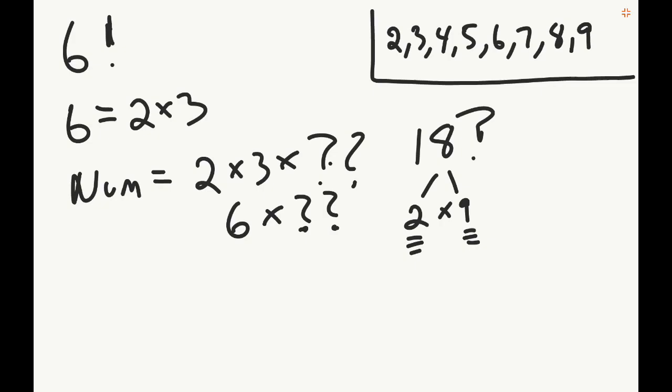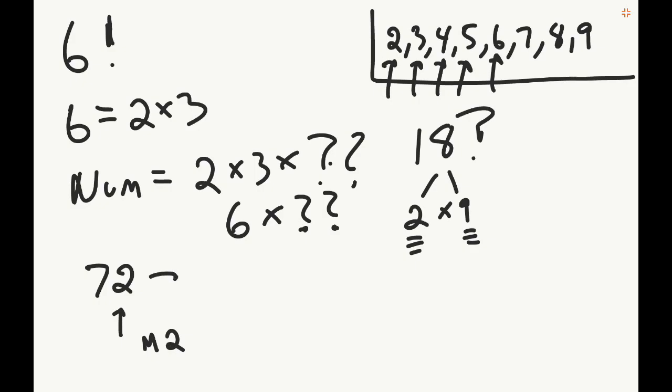So now we've got 2, 3, 4, 5, 6. Let's do an illustration of a 6. So 72. We look at the last digit in 72. That is 2, so we know it is a multiple of 2.